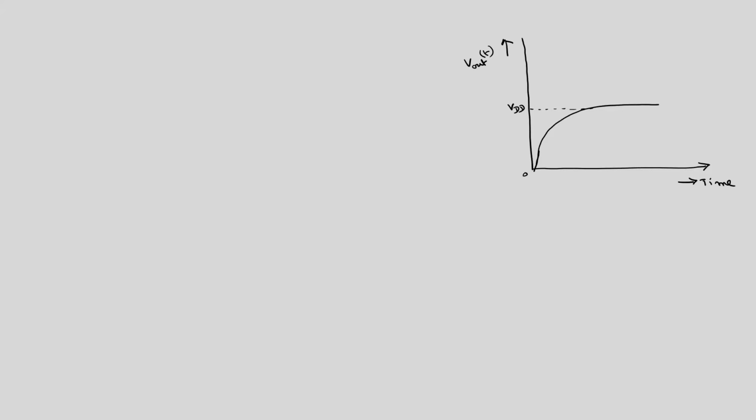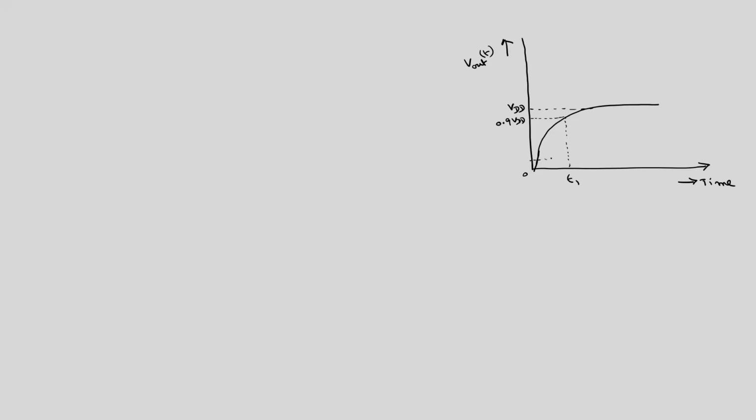Now, to define the rise time, we are going to define two points. One is 90%, this is 0.9 VDD, which is 90% of the final value, and I call this time t2.